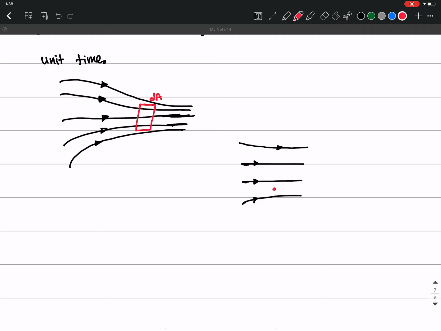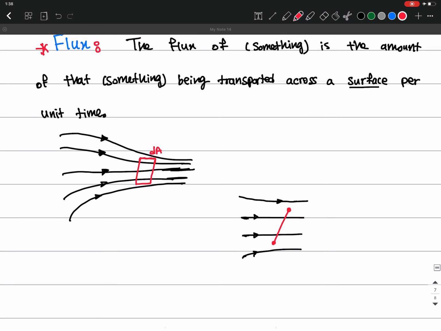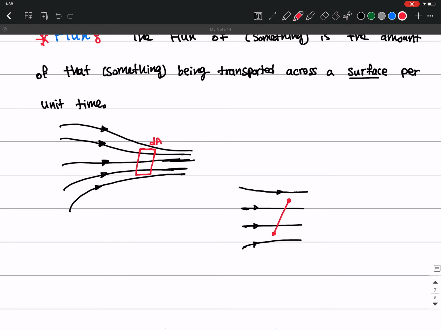Say I'm just looking at this part. I want to see how much of the flow is being transported across this dA. So this is dA.